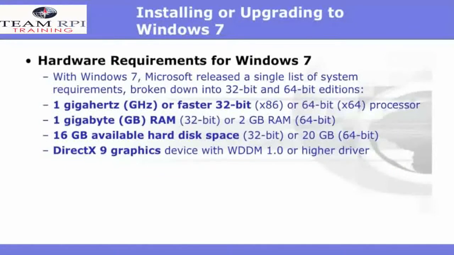The basic hardware requirements for Windows 7 are at least a 1 GHz or faster processor, 1 GB or more of RAM, at least 16 GB of available hard disk space, and DirectX 9 graphics.